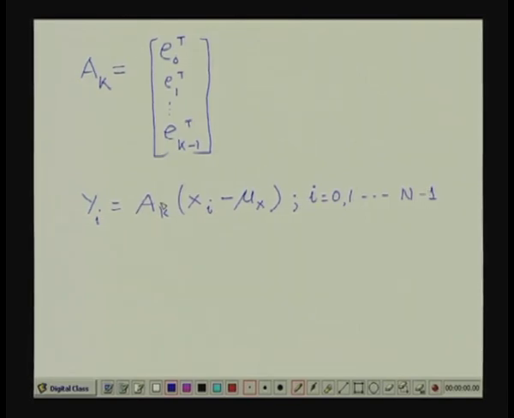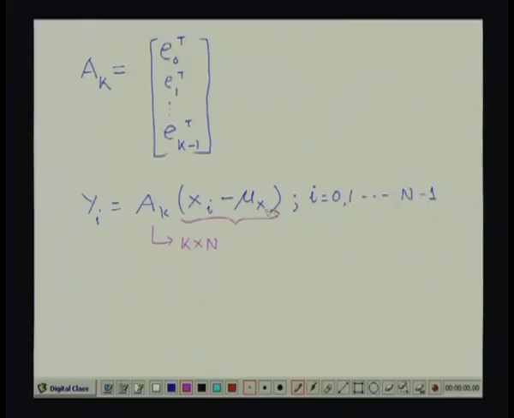Here you find that the dimension of AK is k by n, and xi and mu x are both of dimension n by 1. So, xi minus mu x is a vector of dimension capital N by 1.